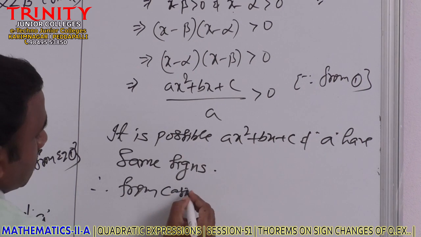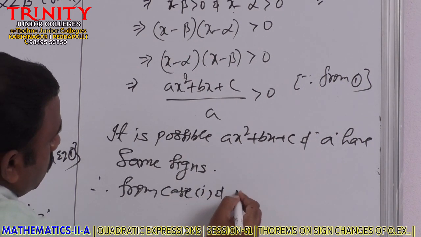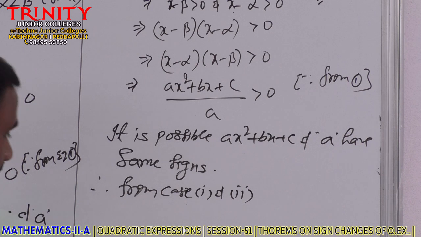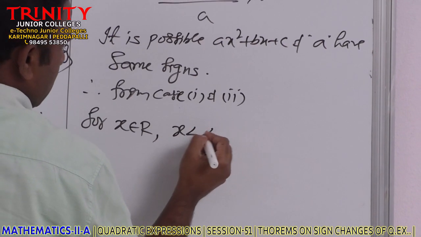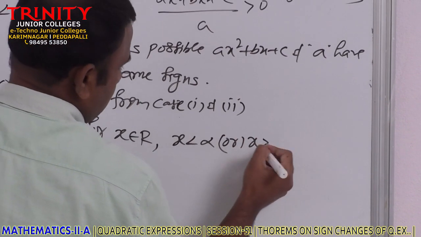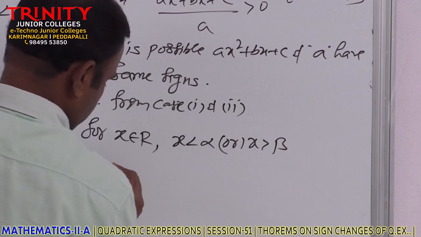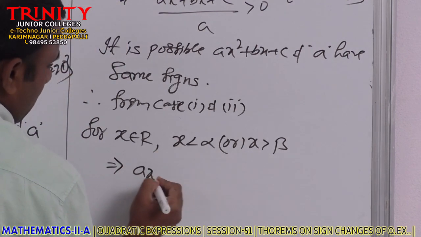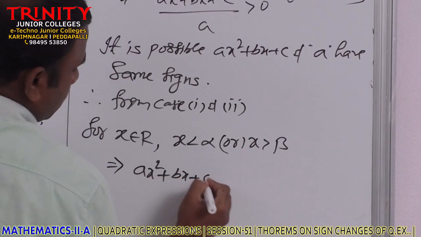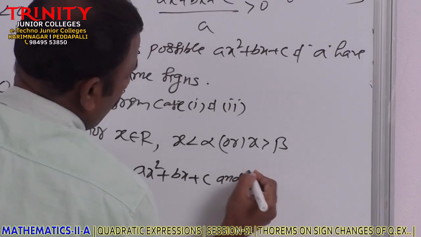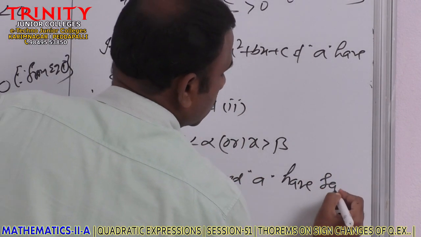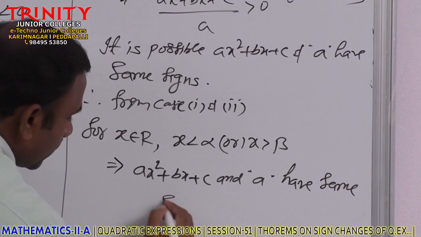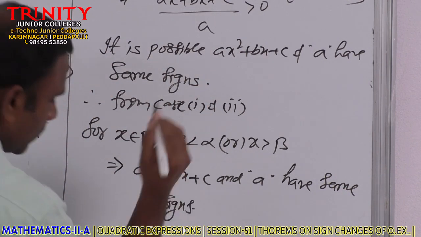Therefore, from case 1 and 2, we can say that for x belongs to R, x is less than alpha or x is greater than beta, which implies ax square plus bx plus c and the coefficient of x square, a, have same signs.